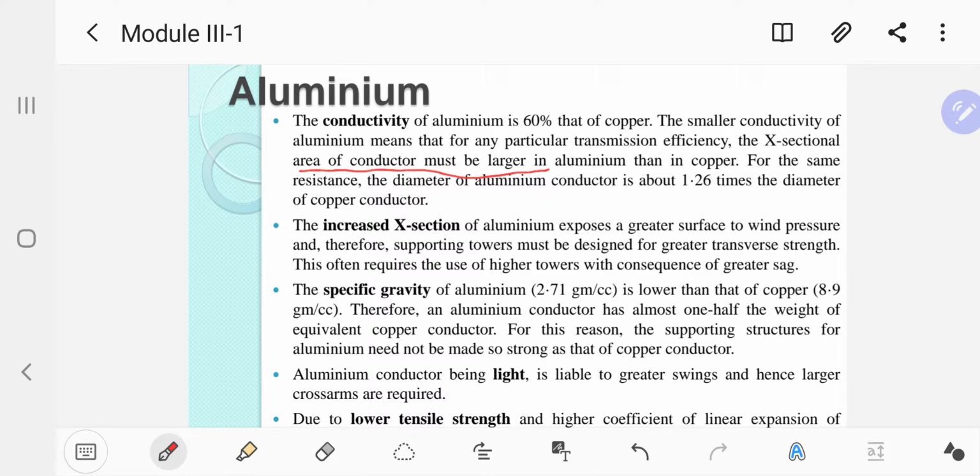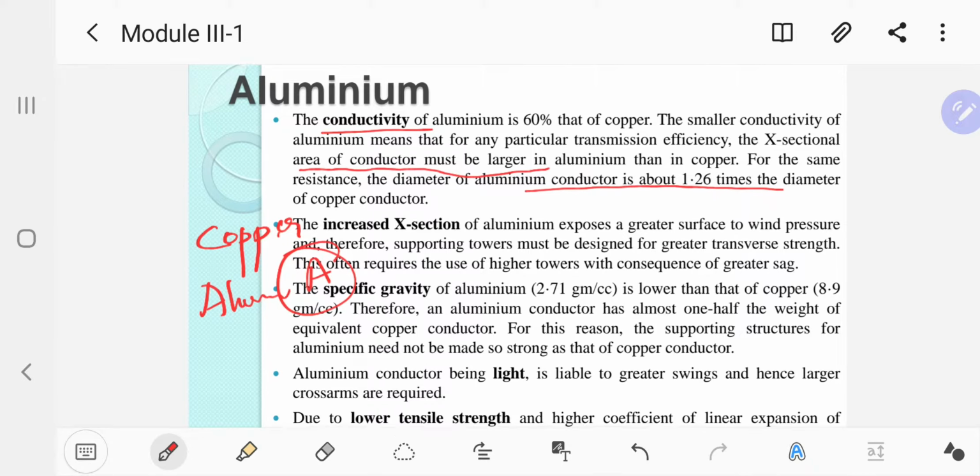When considering copper and aluminum, aluminum should have more area to pass the same current, because its conductivity is less. Or we can say that the diameter of an aluminum conductor is 1.26 times that of a copper conductor.